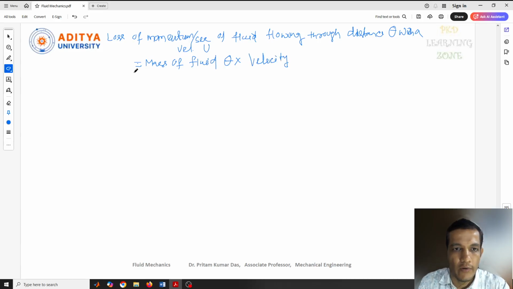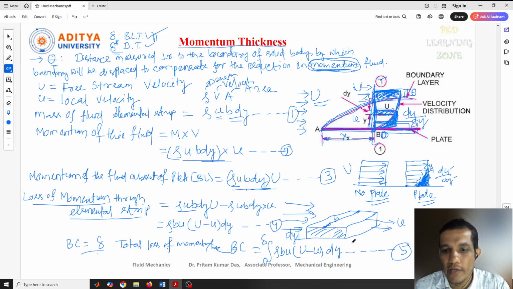So what is the mass of fluid flowing through theta? That is nothing but, again, we can write rho A V, where V equals U, so we get rho U into area A. Area A equals what? We know it is thickness into dy into B. But here, the height we have taken is theta.